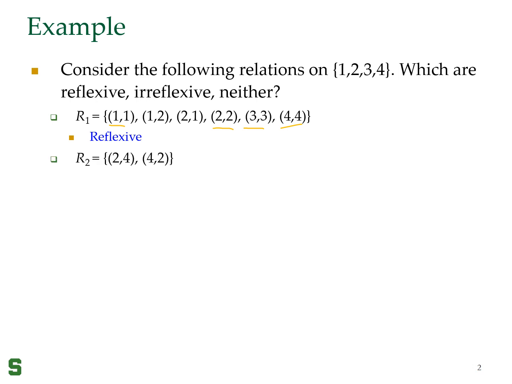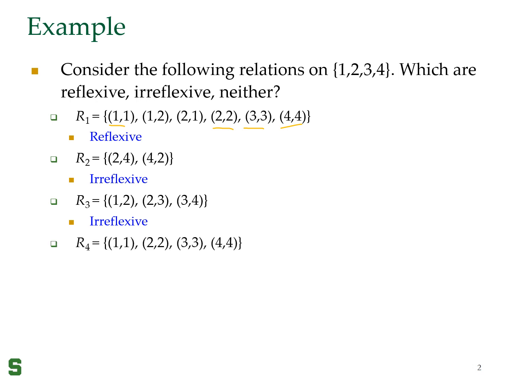So this one is not reflexive. It is in fact irreflexive because here none of the pairs (1,1), (2,2), (3,3), (4,4) are in the relation. Let's look at this. Again, this is irreflexive because none of the pairs (1,1), (2,2), (3,3), (4,4) are in this relation.